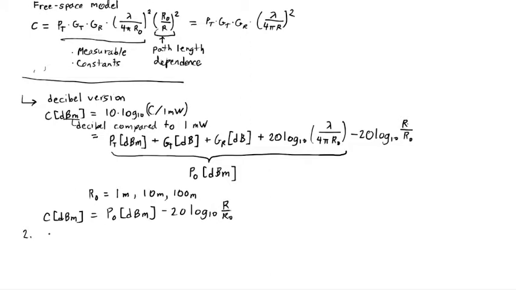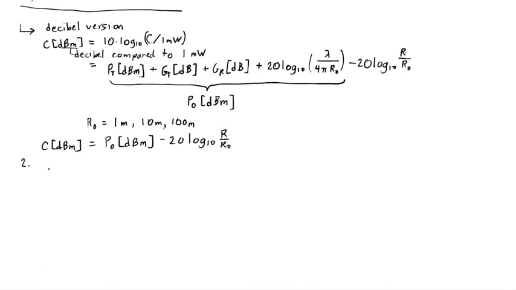And there are lots of different models depending on how accurate you want to be, how much information about the particular environment you have. We're going to talk about this model called the path loss exponent model, which allows me to get a much more realistic model into your calculations without too much complexity. And the path loss model just says that you may have free space path loss up until some reference distance, but after that, you're pretty much going to experience heavier losses as a function of distance.